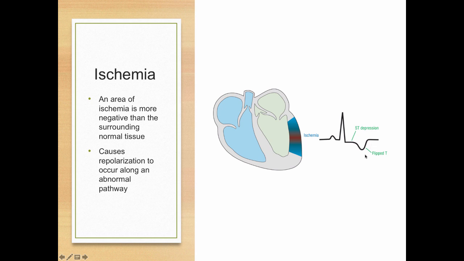We might have a flipped T wave, but definitely if we see ST segment depression, we've got ischemia, and this is because repolarization is not happening along its normal pathway. So ischemia is the very beginning of this continuum, this gradient, and we've got this supply and demand issue where our heart isn't being supplied with 100% of the oxygen that is demanded.